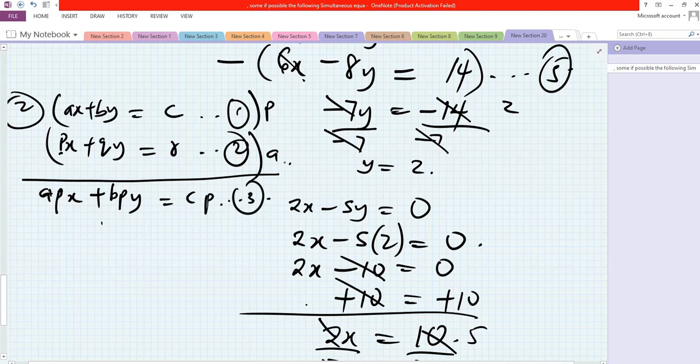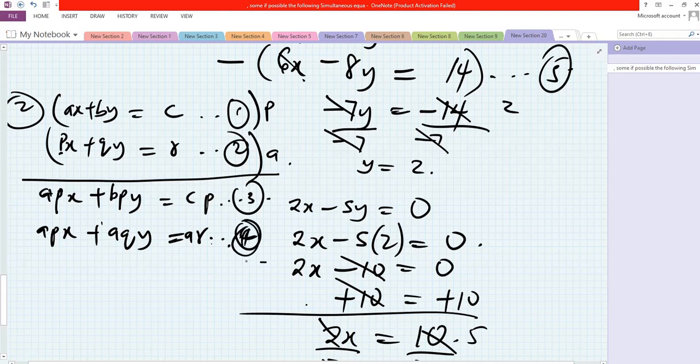Now if you multiply equation 2 by a, you have apx plus aqy equal to ar. This is equation 4.